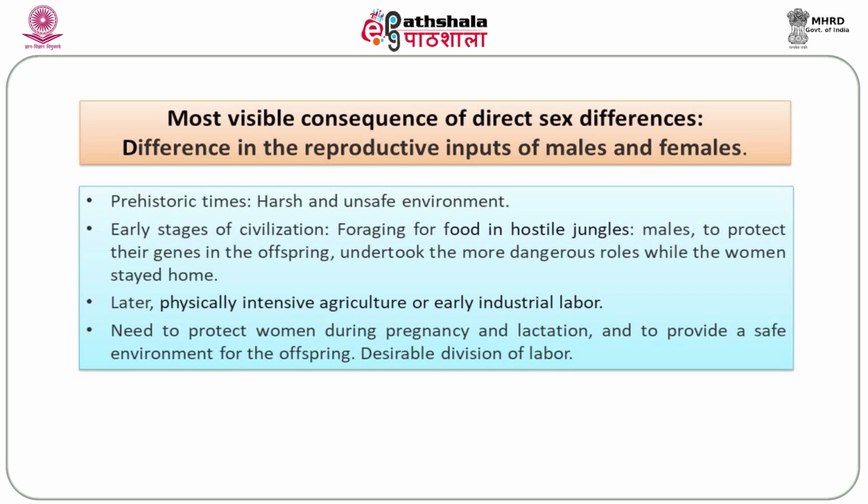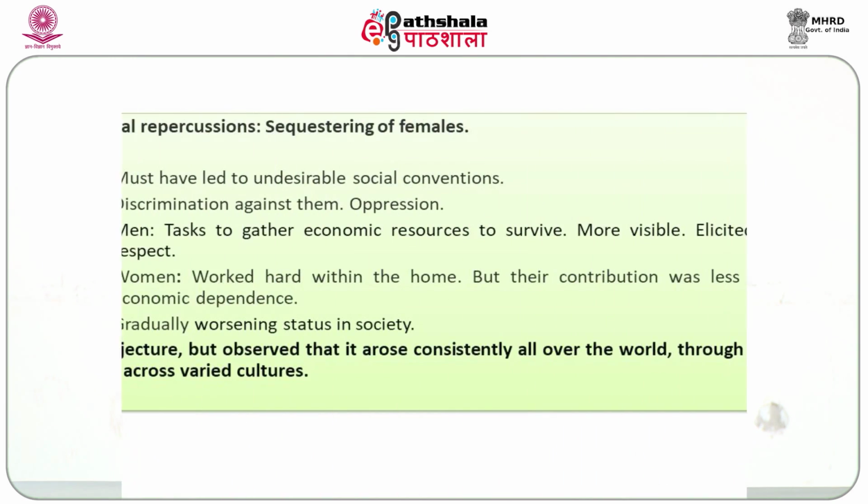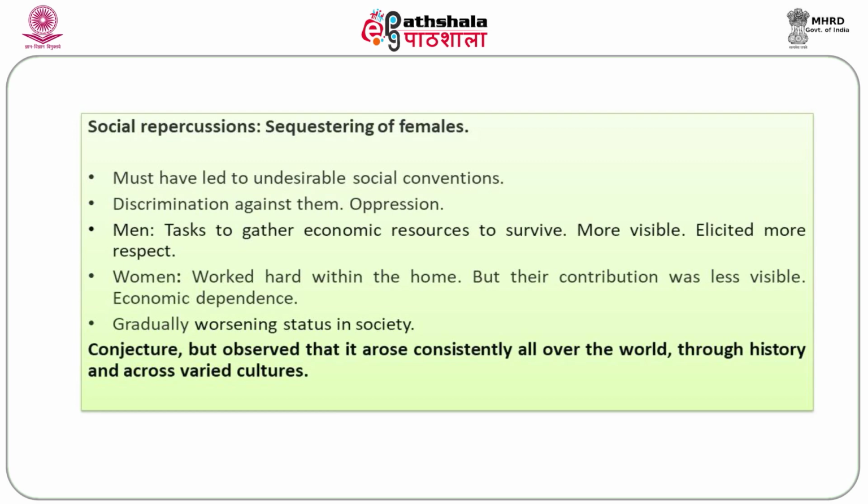So, this led to a very desirable division of labor. The social repercussions of this division became undesirable. This is our conjecture. It led to sequestering of females because they couldn't move out, they were not exposed to the environment, to other social norms.